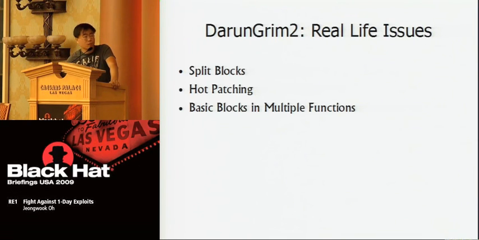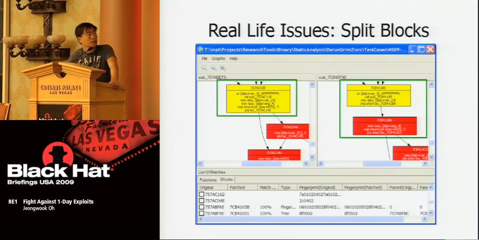And we will talk about real-life issues like split blocks. This is from some Microsoft patches. The yellow block means the block has been modified, and the red block means the block is not identified because the yellow block is blocking all further analysis.